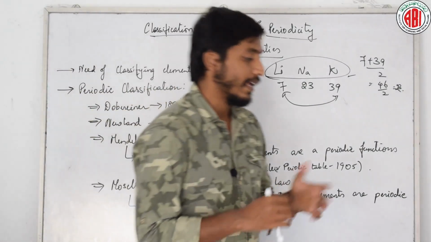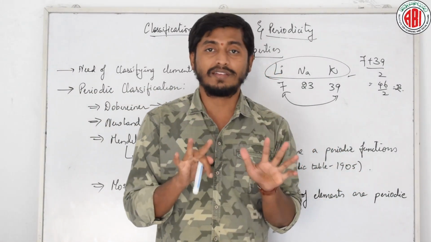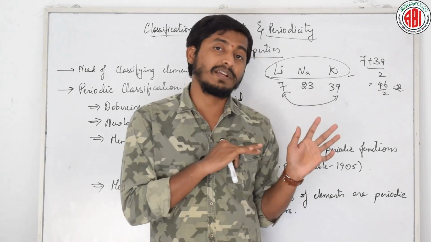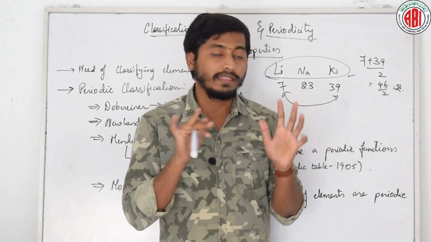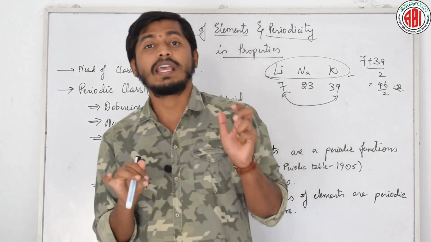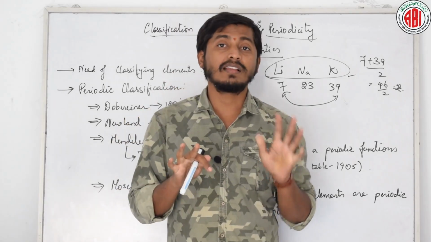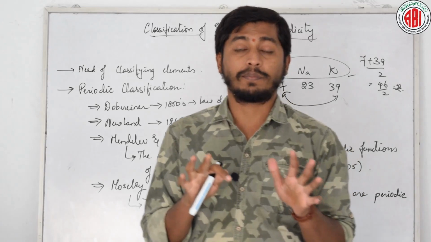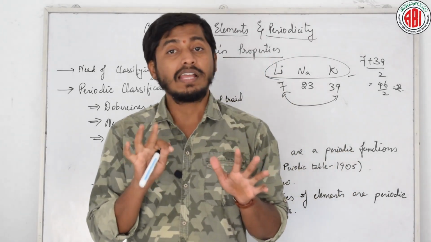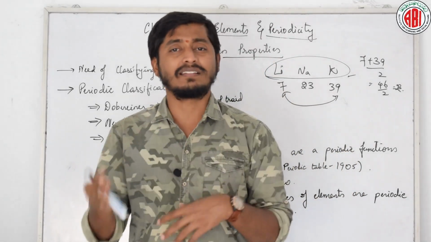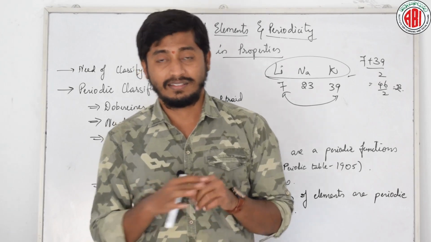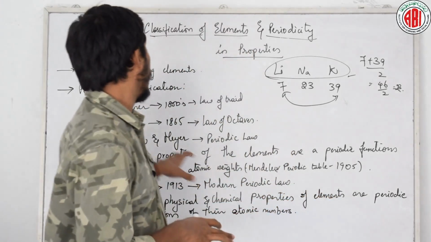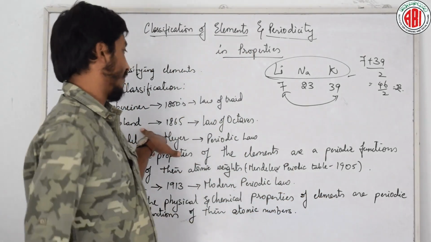He defines that as we see in octave music, in the elements also, the first element is similar to the 8th element. That means the first element will have almost all the similar properties as the 8th element, and again it repeats. Is it clear? Did you understand? That's what Newlands was trying to tell.